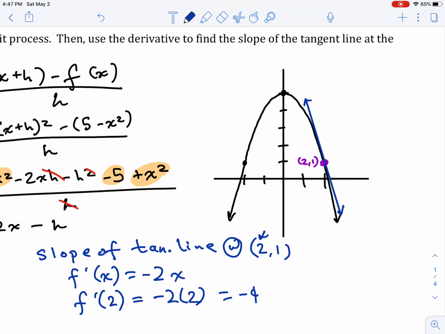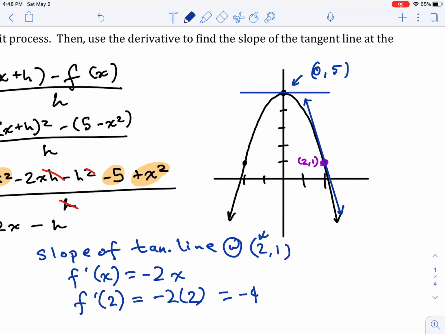Okay? And see if that matches up with what we have here. So at the point 2, 1, ask yourself, would the slope of that tangent line be positive or negative? And does it look to be as steep as negative 4 here? And it does, right? And you can just test other points here and see intuitively if it makes sense. For example, what would the slope of our tangent line be at 0, 5?